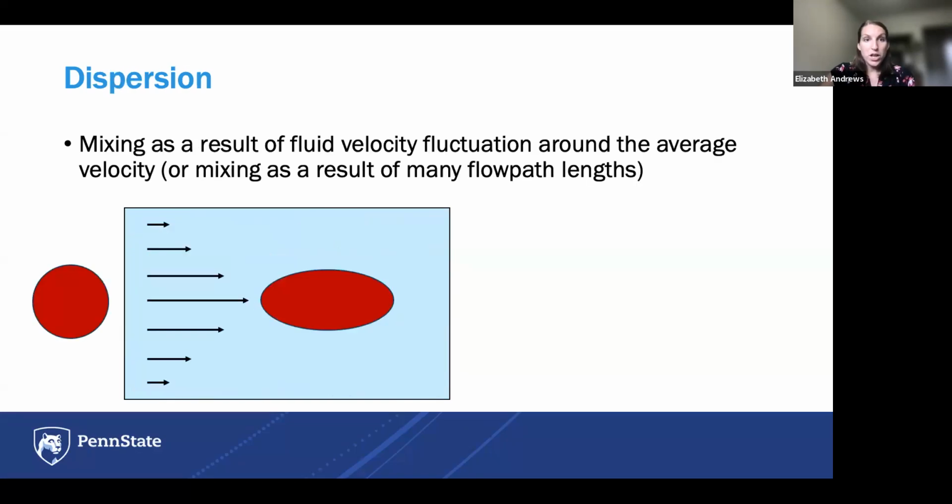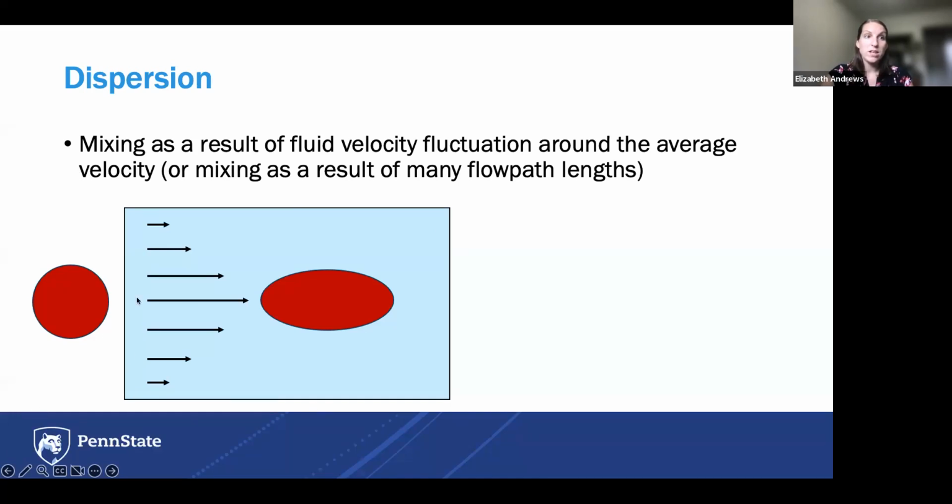Now, dispersion is the last process, and it basically is the mixing of the solute as a result of fluid velocity fluctuations around the average fluid velocity. So this could represent basically if you had a single pore or say a column with sides, you have an area where along the edges of the system, there's no flow along the boundaries.